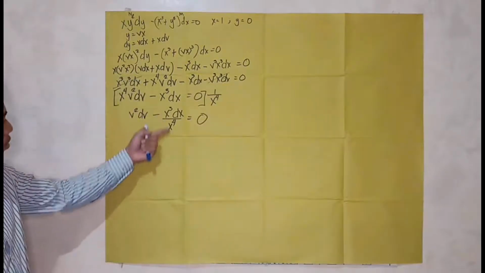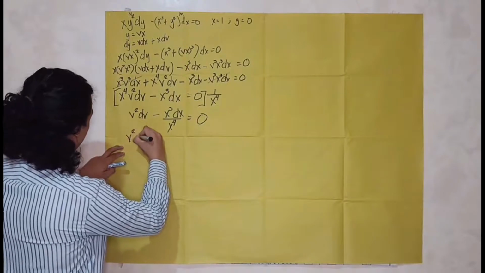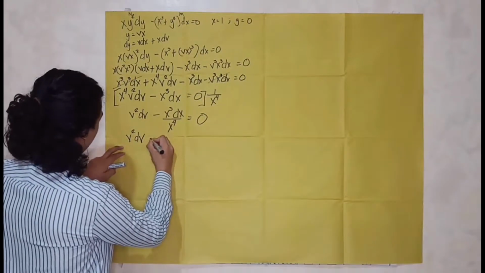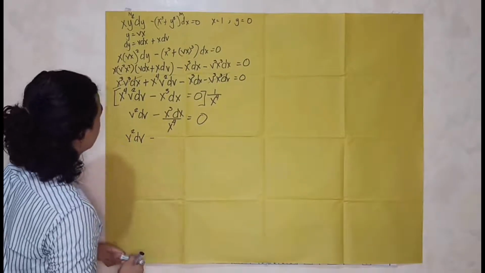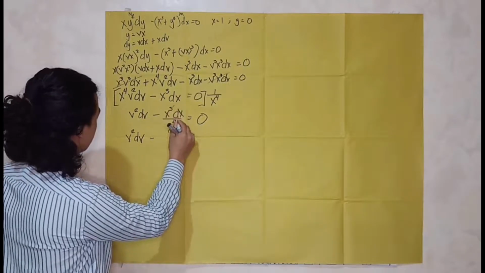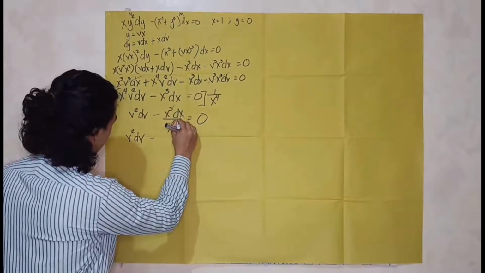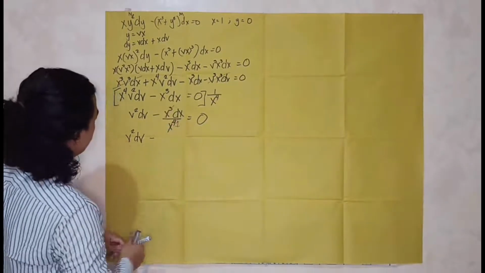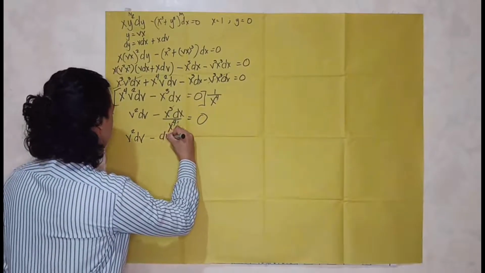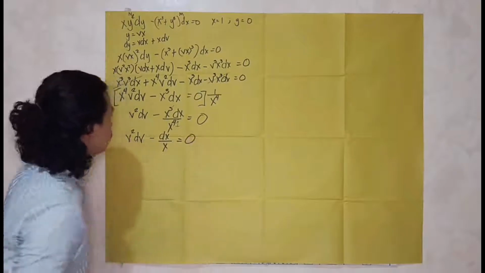So, dito, pwede natin i-simplify v squared dv minus, pwede natin i-cancel, magiging 1 na lang siya. So, magiging dx over x is equals to 0.